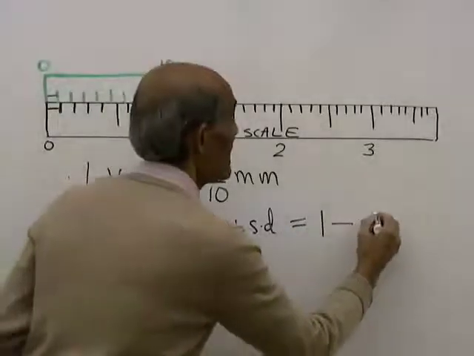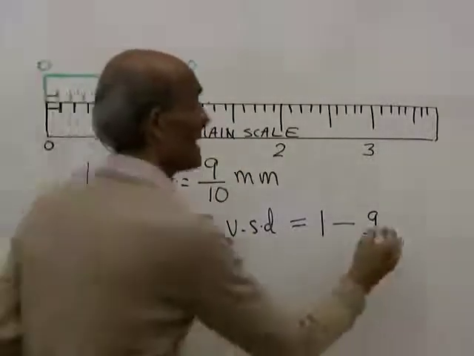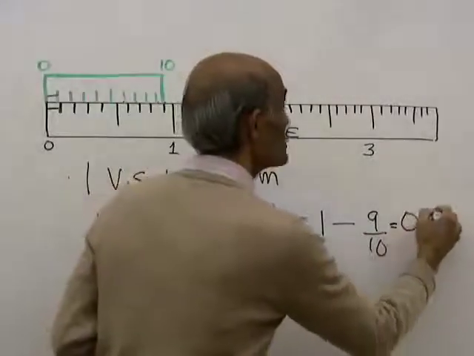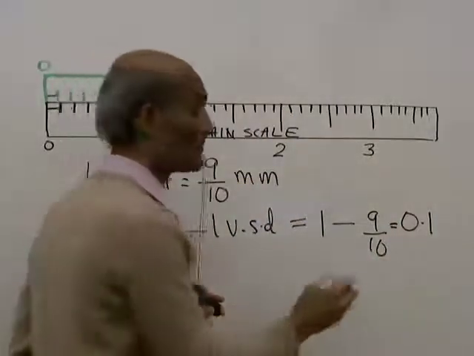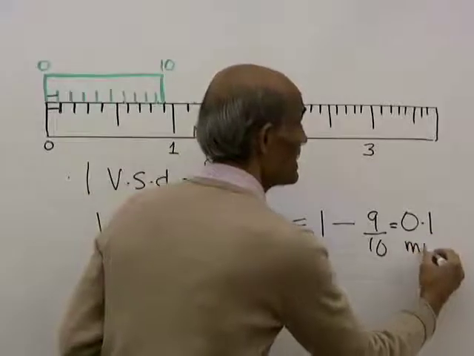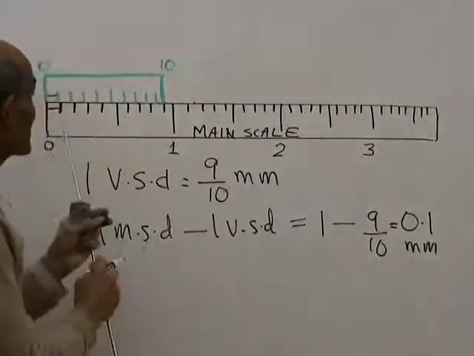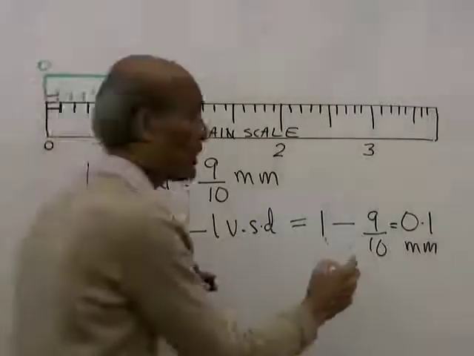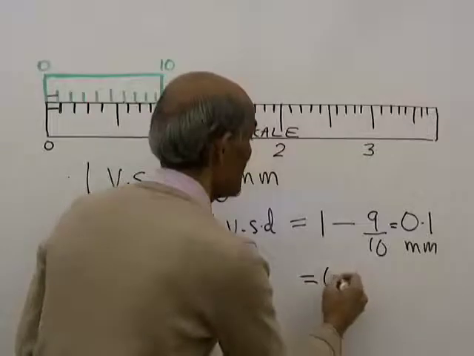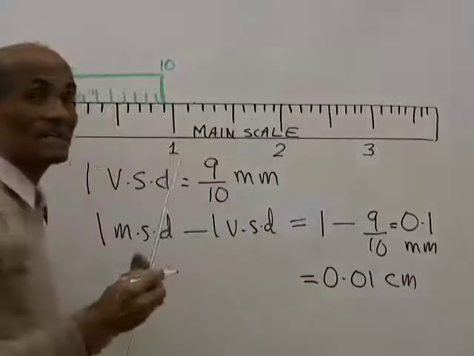It will be 1 minus 9/10 of a millimeter, and that is 0.1 of a millimeter. You can now say the difference between one main scale division and one vernier scale division is 0.1 of a millimeter. That's 0.01 of a centimeter.